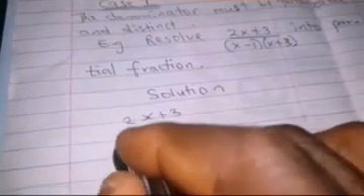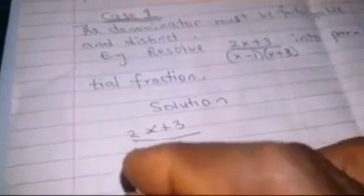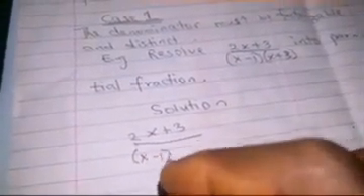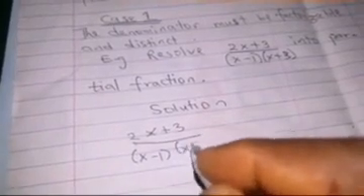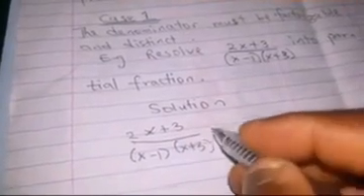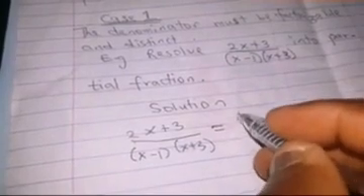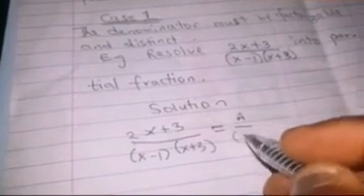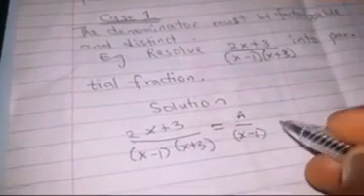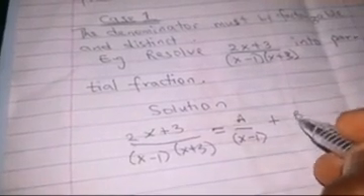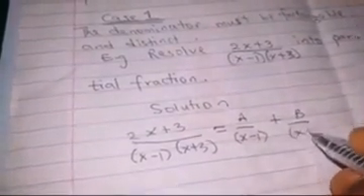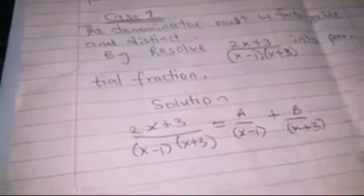We have (2x + 3) all over (x - 1)(x + 3). According to partial fractions, we can break this down into A over (x - 1) plus B over (x + 3).